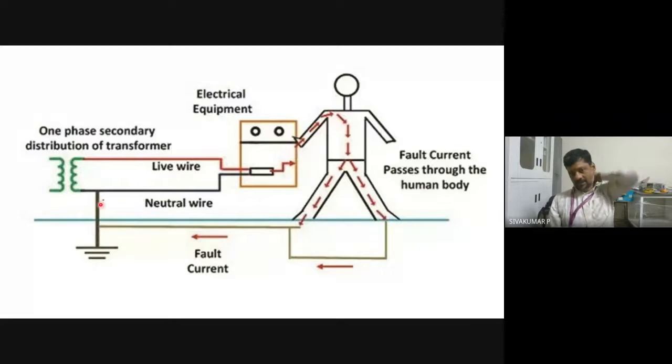Whenever it is connected to electrical equipment and I touch the electrical apparatus, if leakage is available, the charge current may flow through the human body and then be taken as a return path. This is the base case.